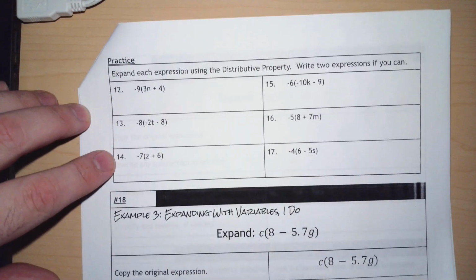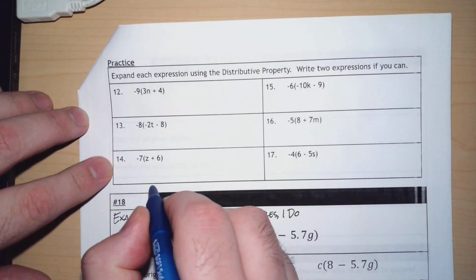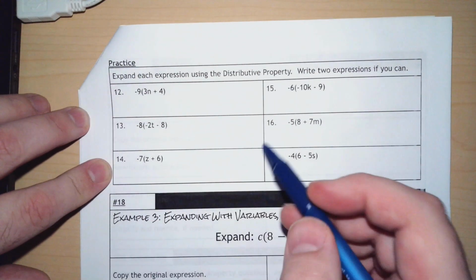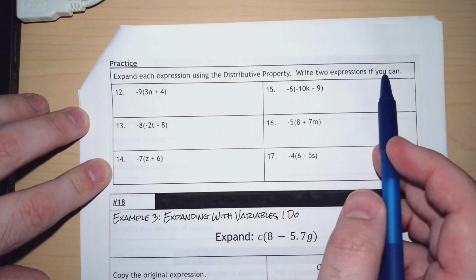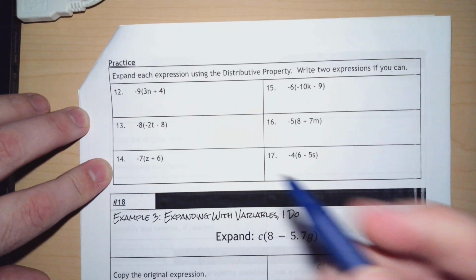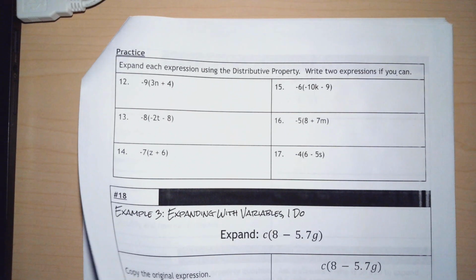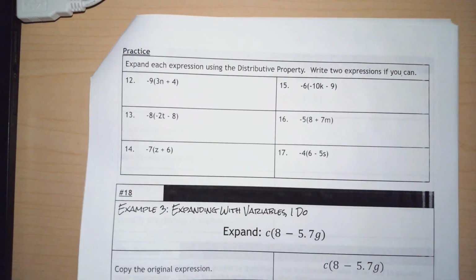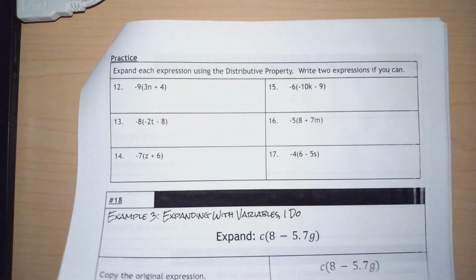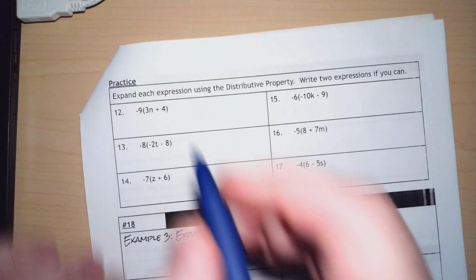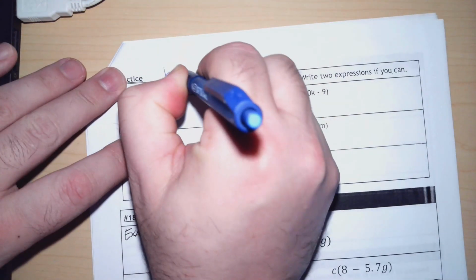So what you're going to do is, just like before, you're going to simplify all of these, writing two expressions if you can. You're going to have these be checked off when you're done. Just make sure I'm following the same directions. You're going to have these checked when done.